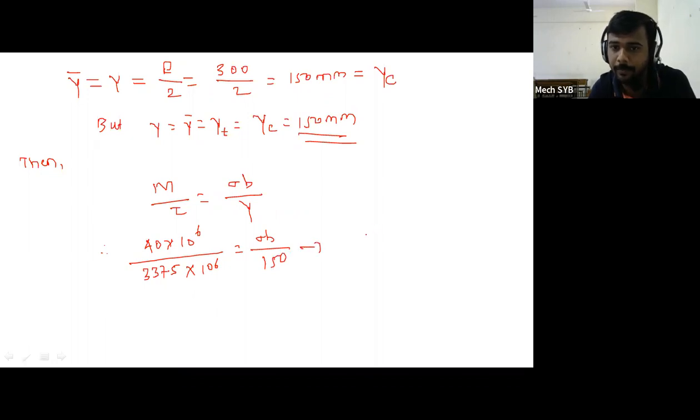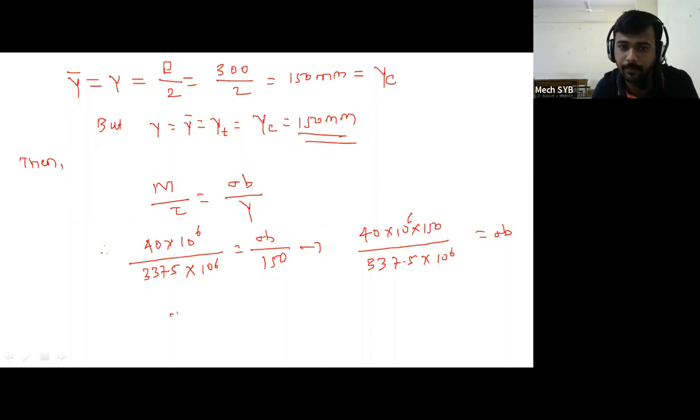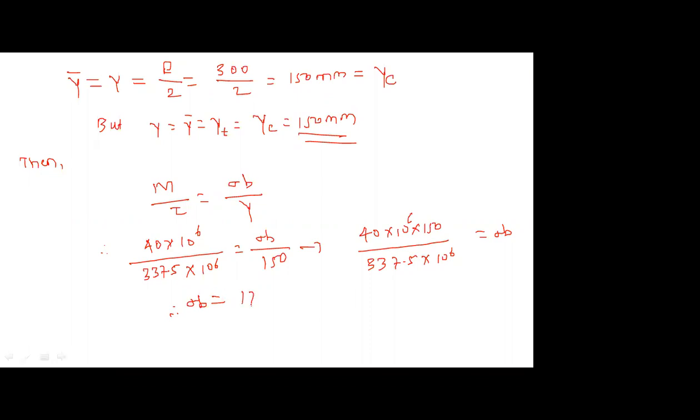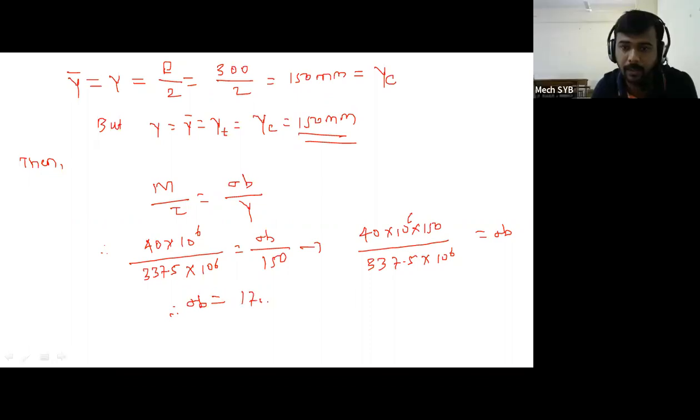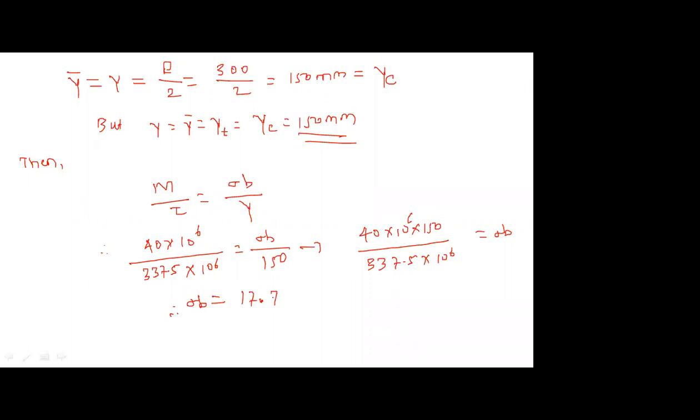So next step will be 40 into 10 raised to 6 into 150 divided by 337.5 into 10 raised to 6 is equal to sigma. What will be the bending stress? 17.77 Newton per mm square.